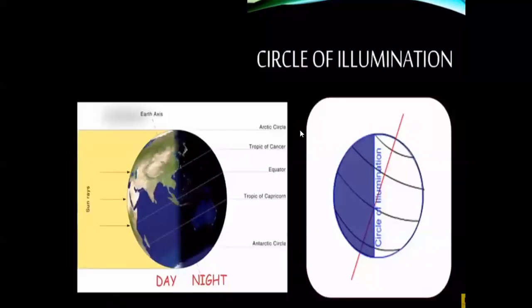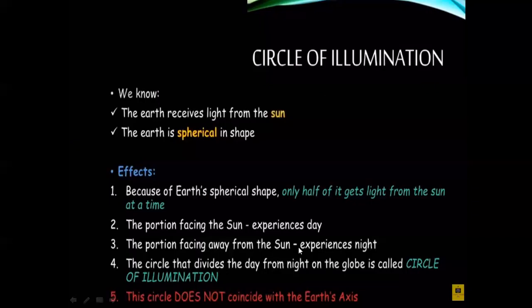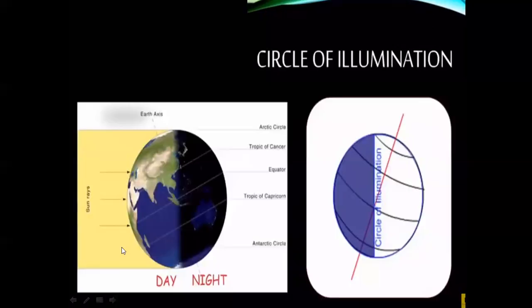As I have told on this screen, the second and third points can be clearly understood from these two figures. The portion that experiences the sunlight, the left side, is day, and the opposite side, the other part of the Earth that does not experience sunlight, is called night.